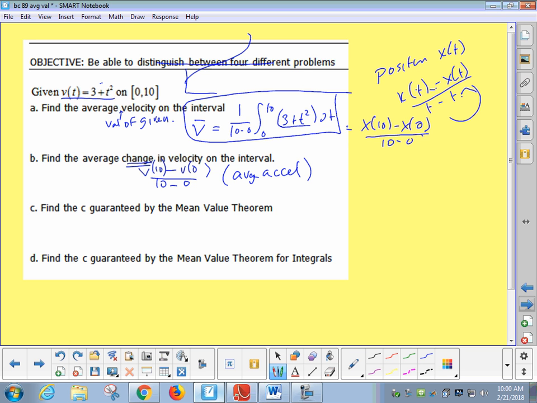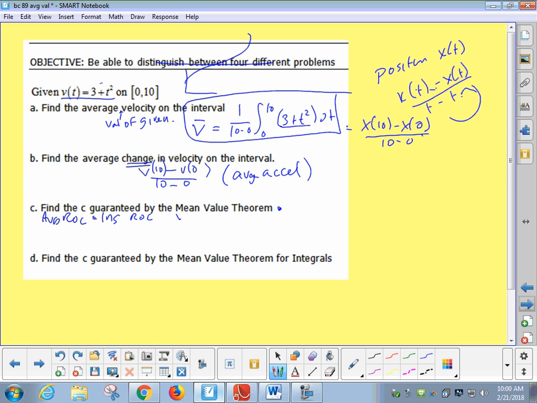Okay. Other kind of variations. Find the C guaranteed by the mean value theorem. Period. Mean value theorem. Period. Not mean value theorem for integrals, mean value theorem. Is that the original mean value theorem or this new integral kind of mean value theorem? It's the original. So you're looking for where the average rate of change equals the instantaneous rate of change.